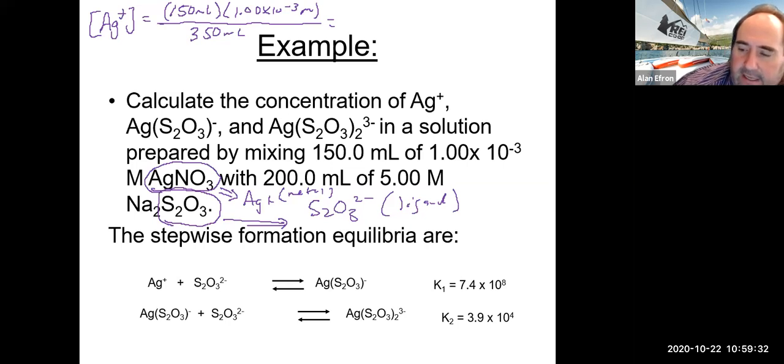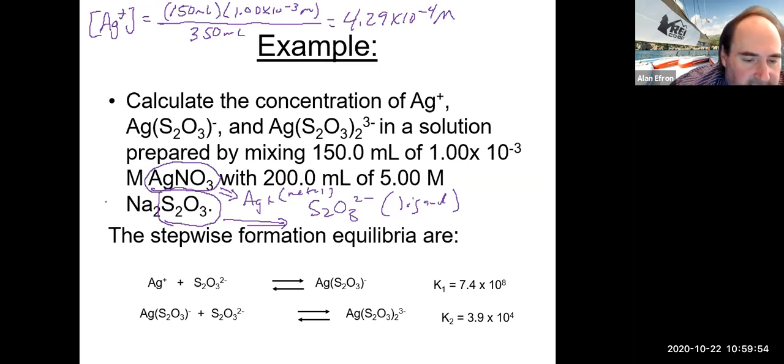That's going to give us 150 times 1 times 10 to the minus 3 divided by 350. And that should give us an opening concentration here of 4.29 times 10 to the minus 4 molar for our silver.